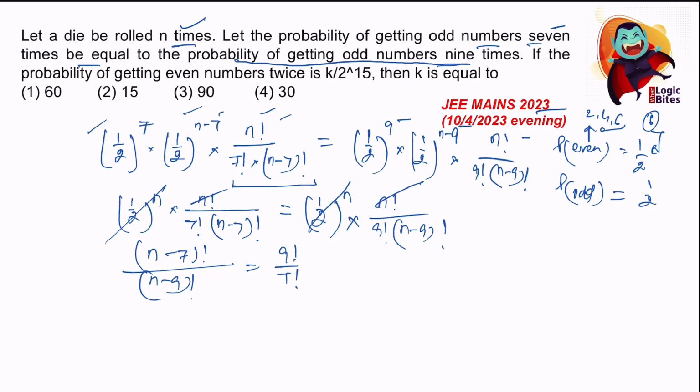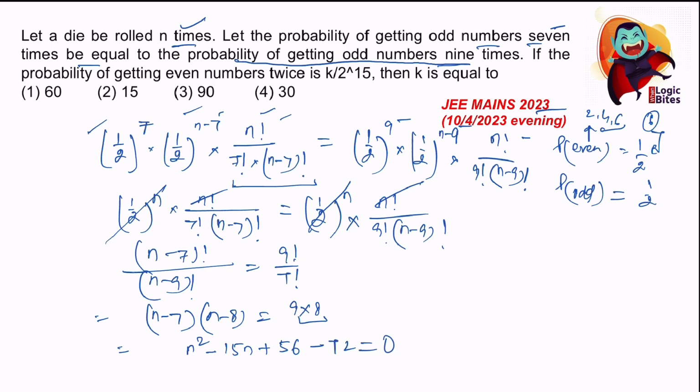So then n minus 7, n minus 8, and the other term will be cancelled out with n minus 9 factorial, is equal to 9 into 8, and only 7 factorial will be cancelled out. So this can be simplified to a quadratic equation: n square minus 15n plus 56 equals 72.